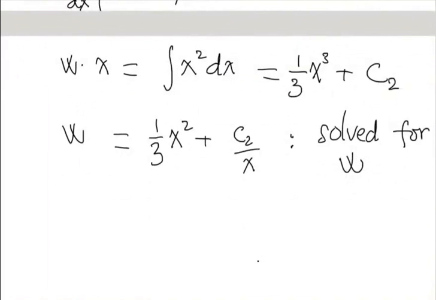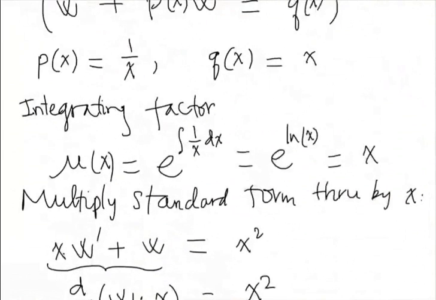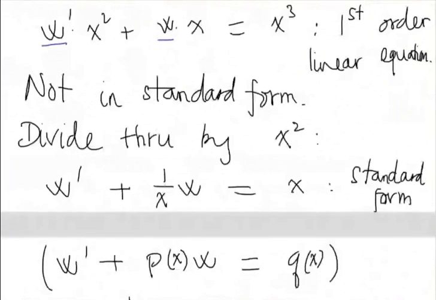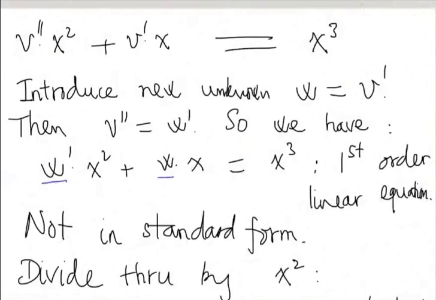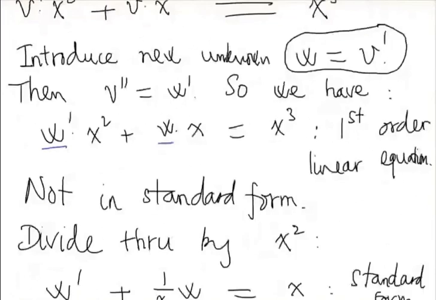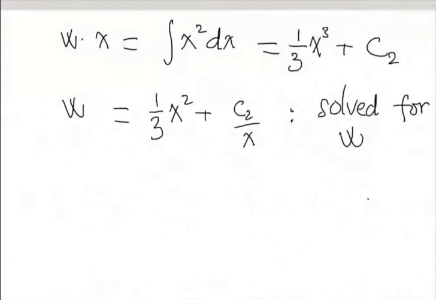But we have introduced two unknowns. We have solved for w already, so now let's go back to v first. What is the relation between v and w? The relation is that w is v prime, so w should be replaced by v prime.